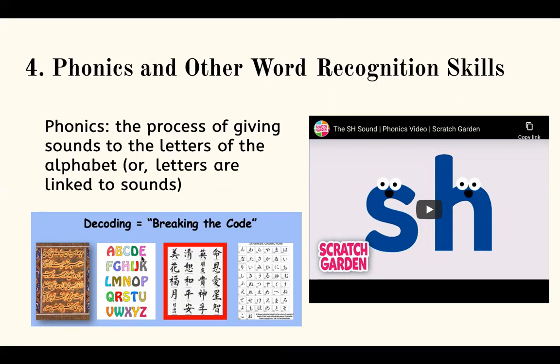So in this context, we're giving students the skills to decode the English language through the use of the alphabet. We're helping them learn the rules of written English so that they can then access the text that they are reading.